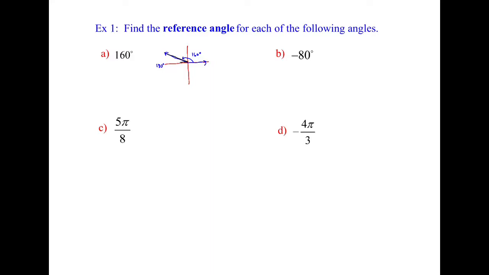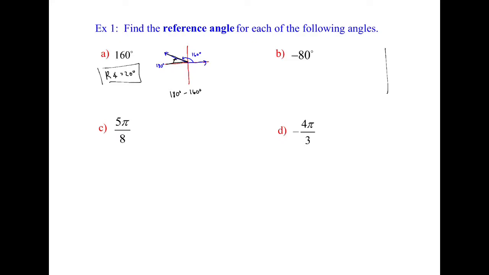Terminal side, x-axis. So that's 180 degrees, where that x-axis is, minus your angle of 160, and that gives you a reference angle of 20 degrees. That's what you're looking for: the acute angle formed with the x-axis and the terminal side.